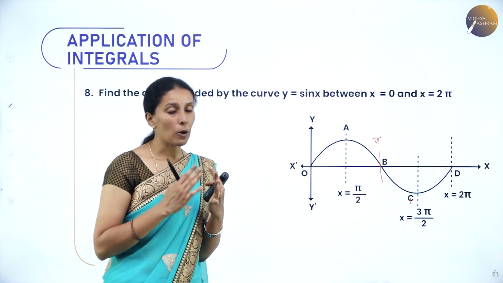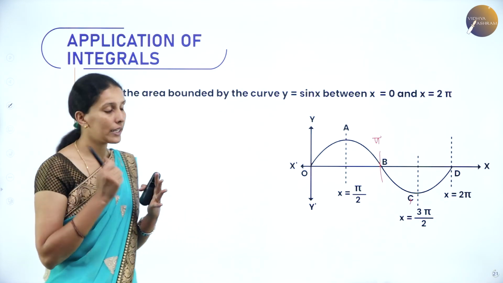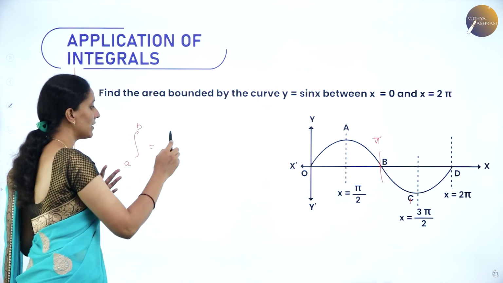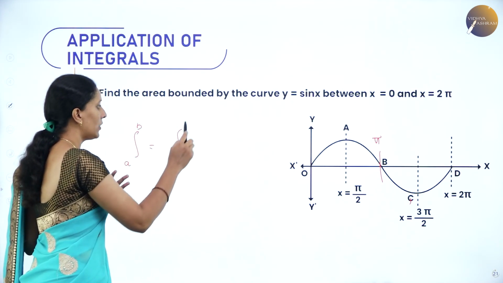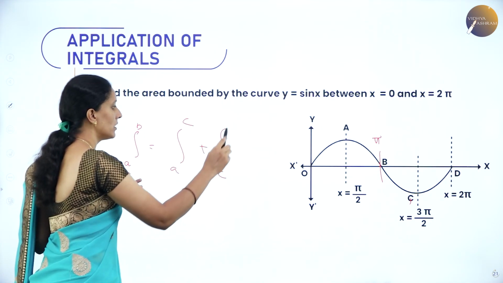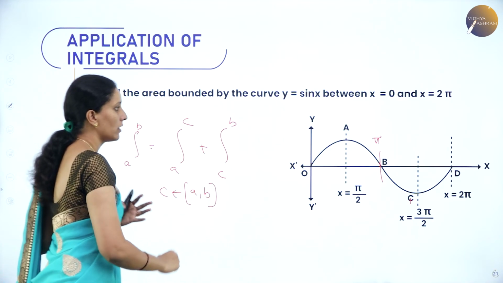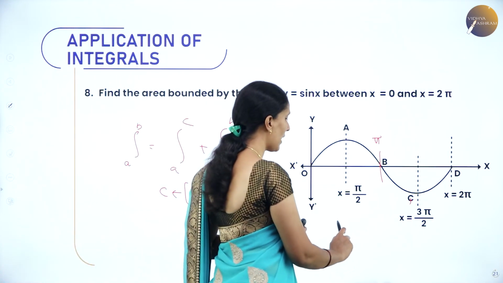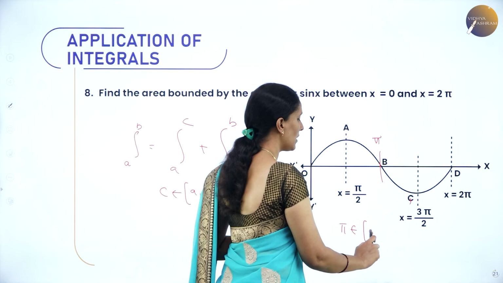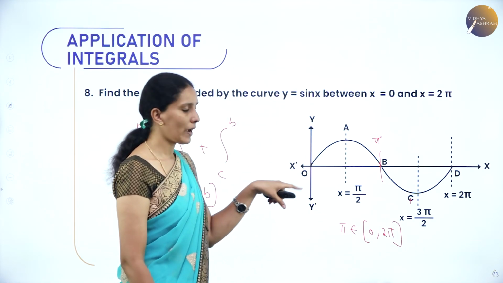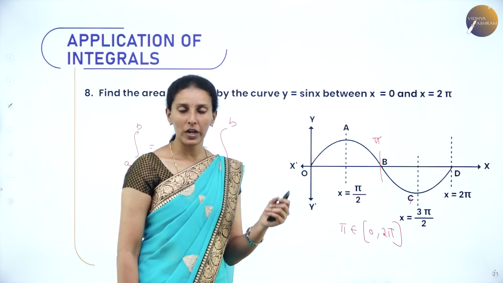Because we have learned the properties of definite integrals: whenever you have an integral from a to b, you can split the limits from a to c and c to b, where c belongs to the interval a comma b. Since here pi belongs to the interval 0 comma 2 pi, we can split this interval into 0 to pi and pi to 2 pi, which is one and the same.